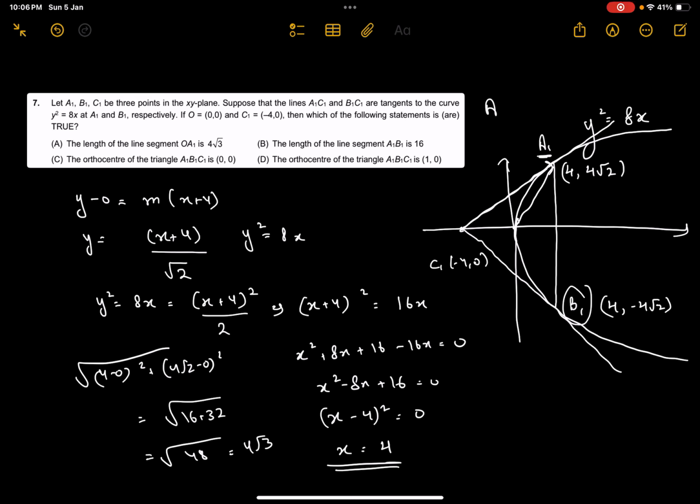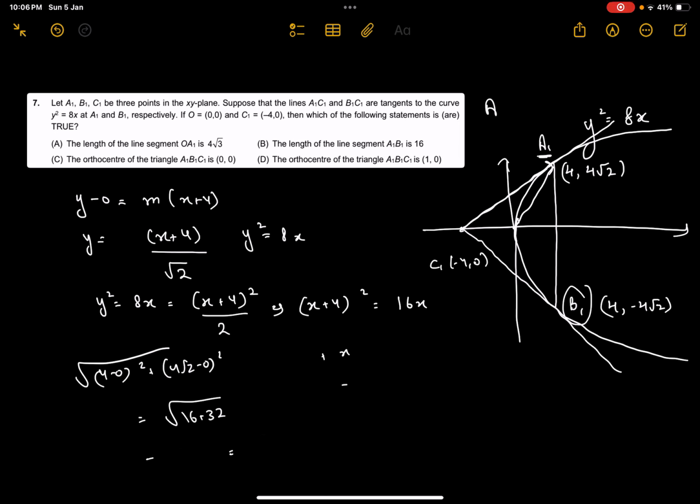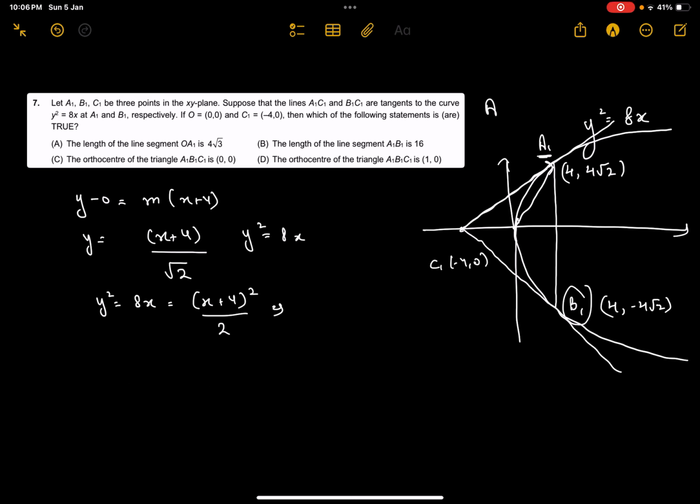Now we need to find the orthocenter of triangle A1 B1 C1. To find the orthocenter, we need to find the point of intersection of the altitudes from each vertex on the opposite side.